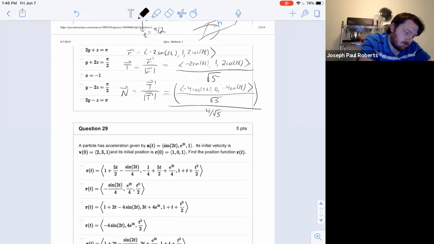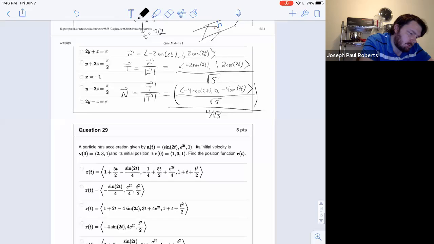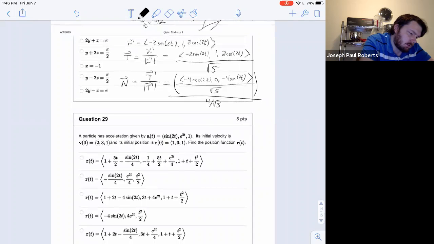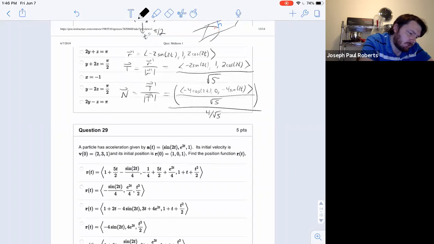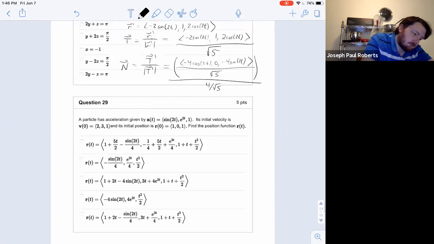And so I'm running a little bit short on space. Maybe I'll go do it down here. So it looks like t of pi over 2 is 0, 1.